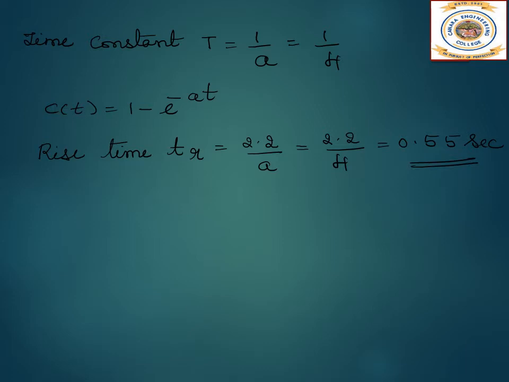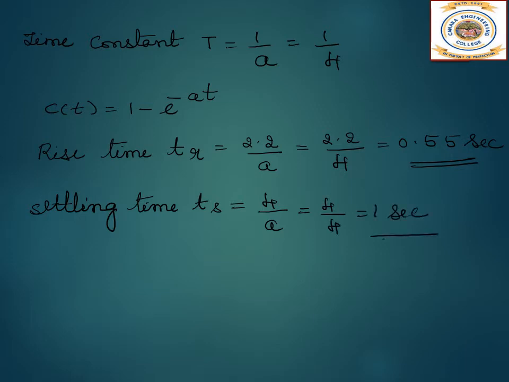Next, settling time we are supposed to find. So TS equal to 4 by A equal to 4 by 4, which is equal to 1 second. Okay, this derivation is not needed. You can directly, if you know the formulas, it is sufficient.